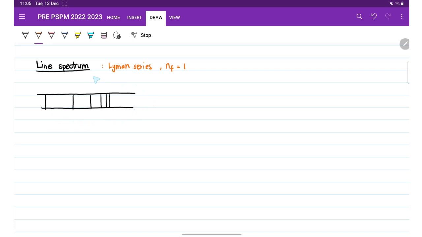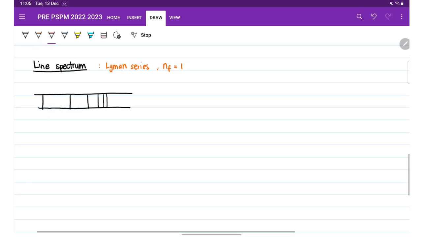Okay, now, how are we going to read our line spectrum over here? Untuk line spectrum, sentiasa cari dua line yang paling panjang. These two lines will represent the first and the second transition. Dia tak semestinya akan start daripada sebelah kiri. Boleh juga first and second transition start daripada sebelah kanan. Just cari, dekat mana dua line yang paling panjang.